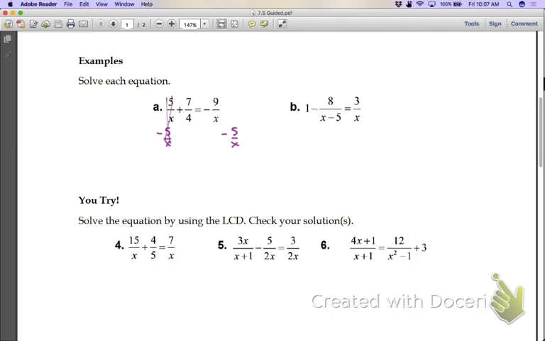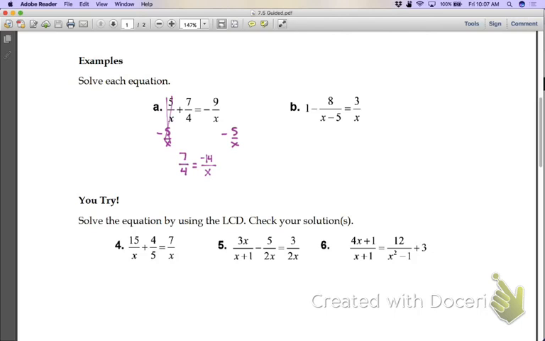Then those two go away. Then all I'm looking at is 7 over 4 equals, what's negative 9 minus 5? Negative 14 over x. If you have 2 that have common denominators, put those together and combine them however you would normally.